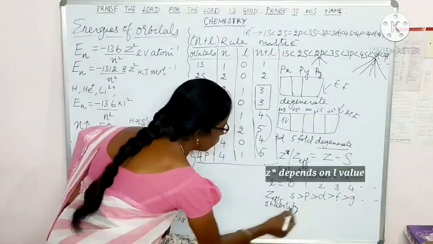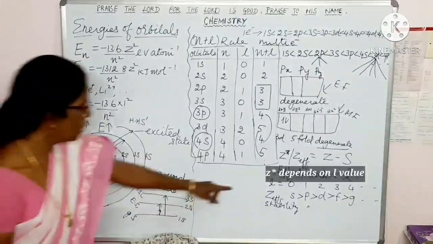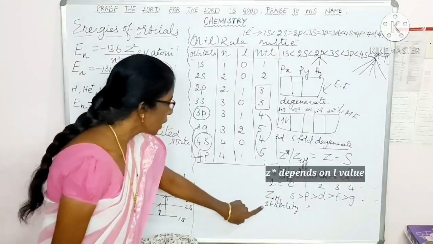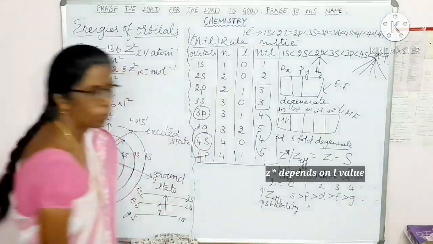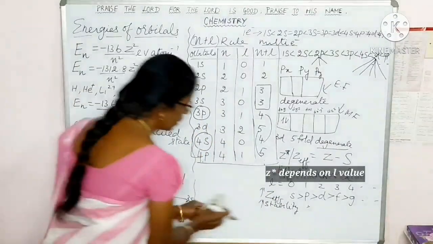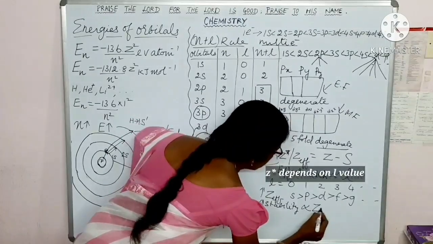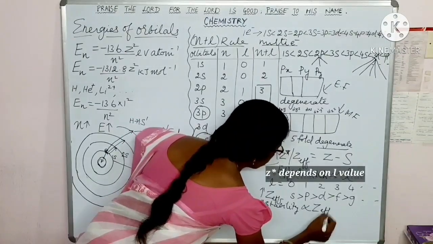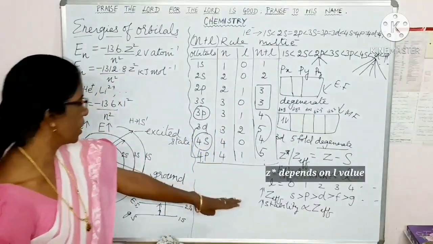Have you understood? So greater the effective nuclear charge, greater will be the stability. Or else I can write stability is directly proportional to Zeff. This is in the given shell.